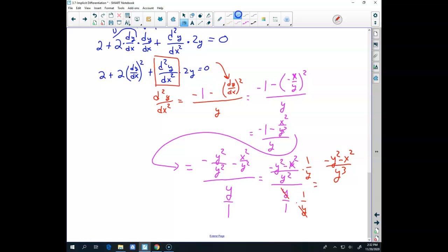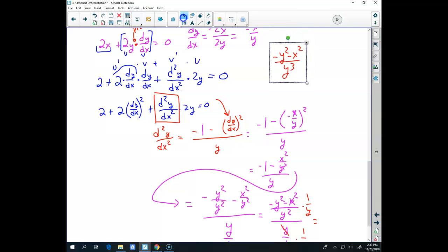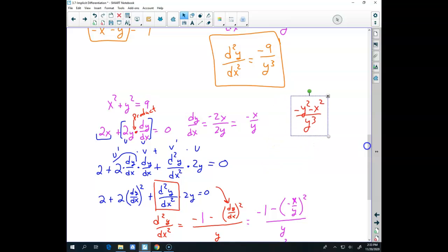But again, I'm still running into that back substitution that I can look at, okay? So I want to take this little guy right there, and I'm going to drag him up to the top, and we're back to d squared y over dx squared equal that.